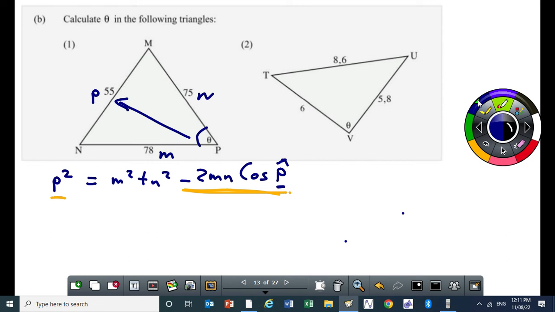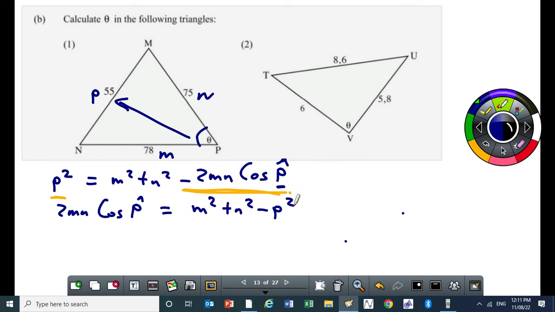Everything I'm talking about is grade 10, subject of the formula. Remember last year you did change of subject. Either you can substitute and then simplify, or you can do what I'm doing. So I can write this as 2mn cosine of p is equal to m squared plus n squared minus p squared.